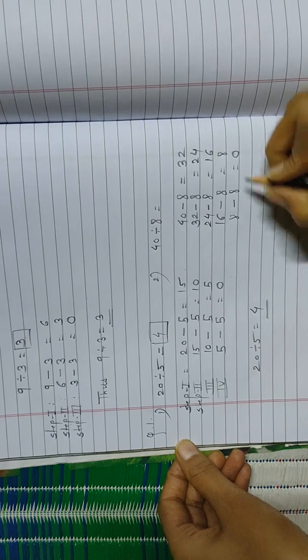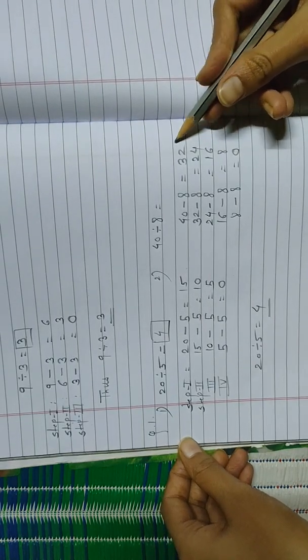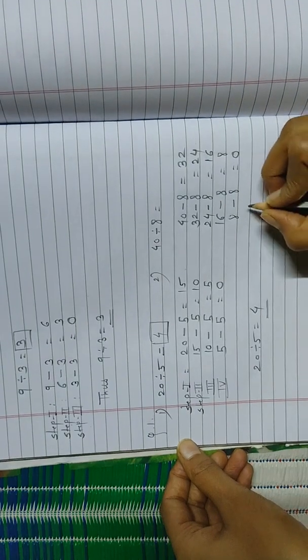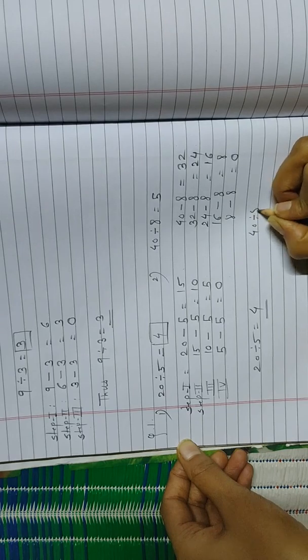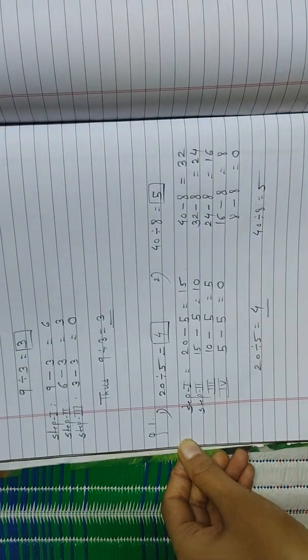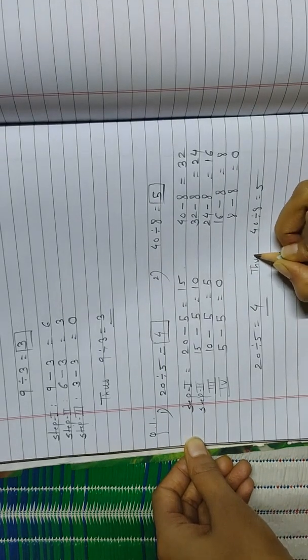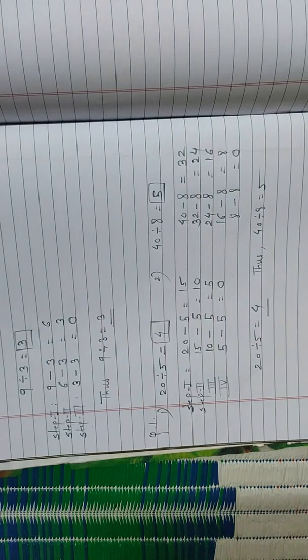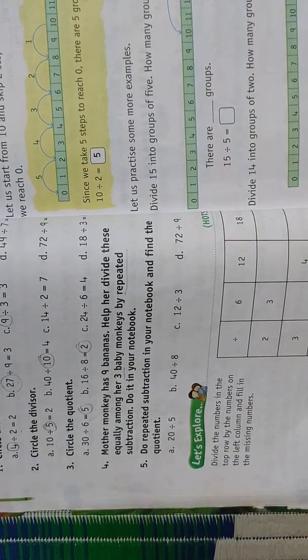So how many times did we subtract here? 1, 2, 3, 4, 5. So 5 is your answer here. You will write 40 divided by 8 is equal to 5. So I hope you understand this sum using the repeated subtraction method. I hope you can try the C and D sums on your own.